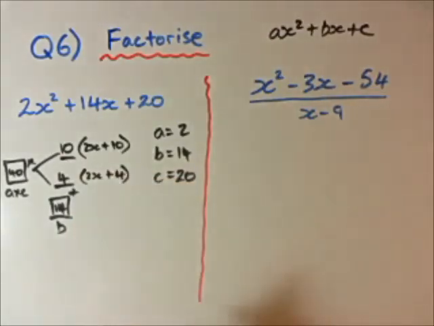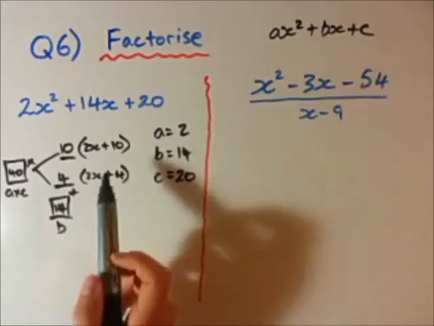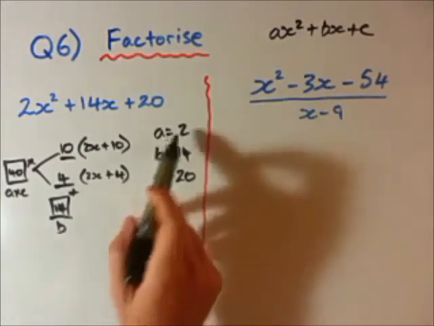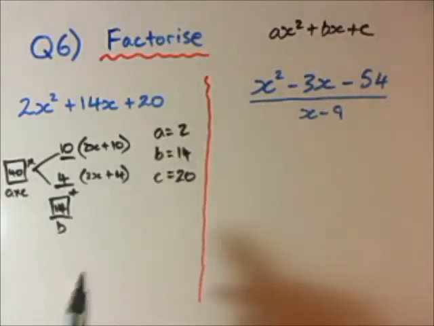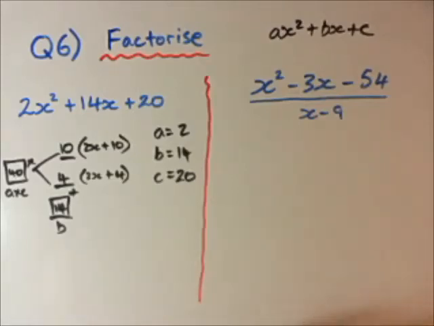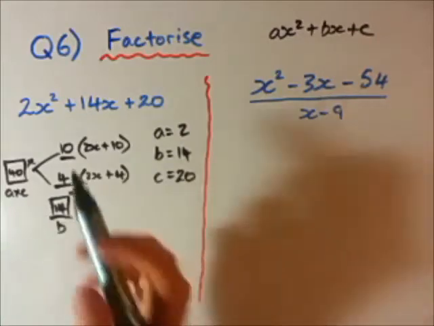Now, not quite finished yet. Here's the trick when your a is a number apart from 1. You need to divide one of your brackets, either one, by a. Usually it's pretty obvious which one you want to divide by because it'll work very easily and give you a whole number. In this example, both are fine, but you only have to divide one. I'm just going to use the top one.